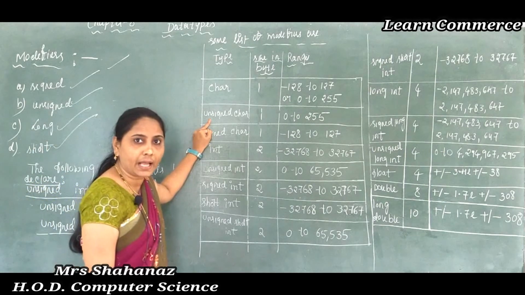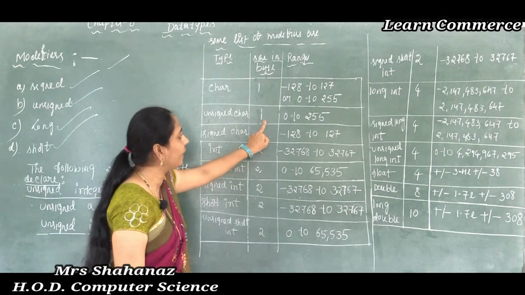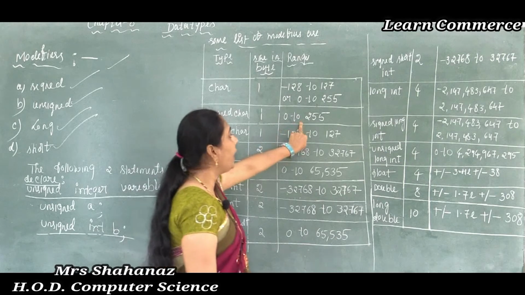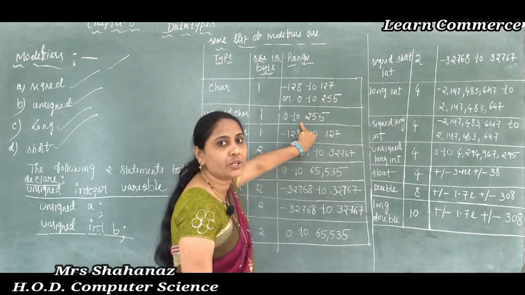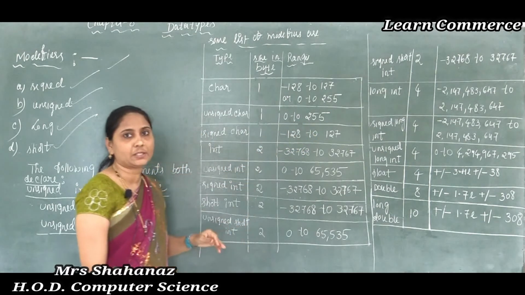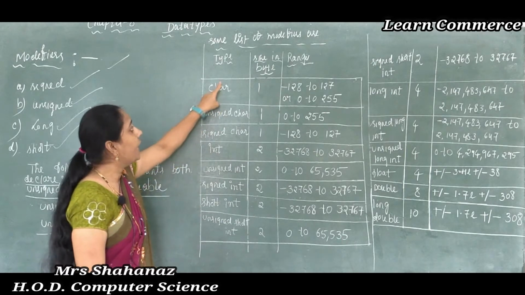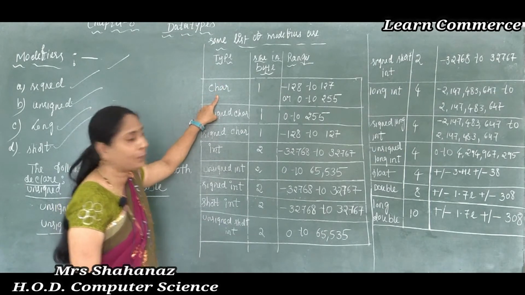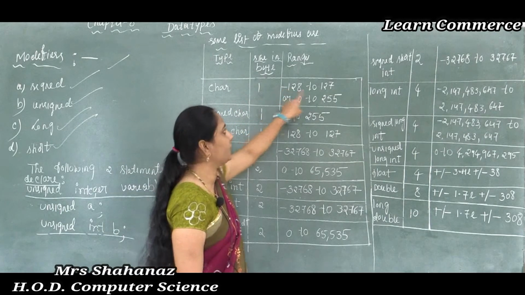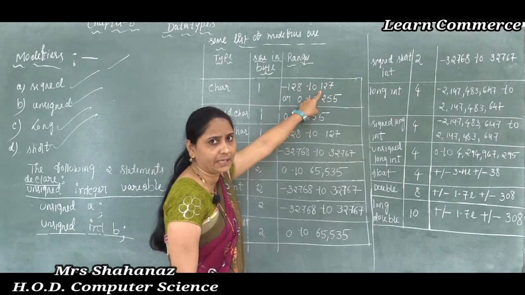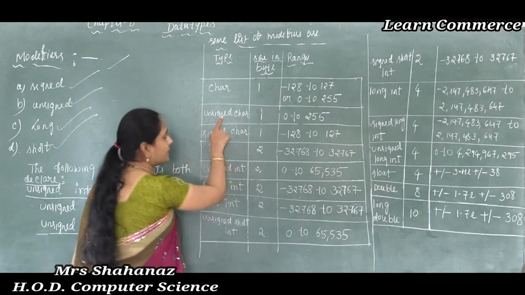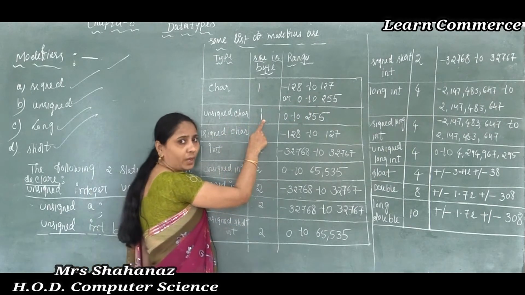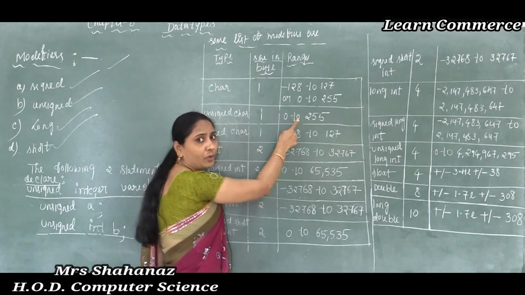Unsigned char also occupies 1 byte of memory space and the range of capacity is 0 to 255. Clear this point here? Because it's a signed char data type, minus 128 to 127 we can say here. And next, unsigned char occupies 1 byte, 0 to 255 here.